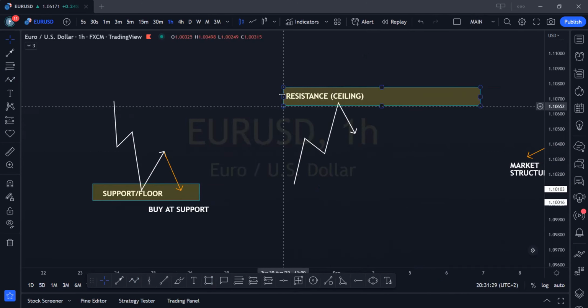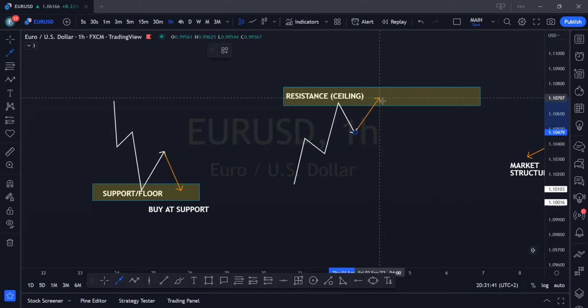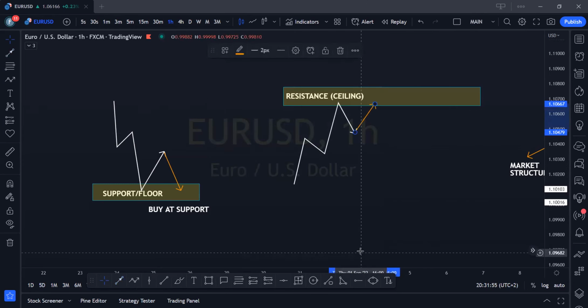So what do you do? You mark it out, and you are expecting that in the future, if price should come back up here, you want to also look for sells here. All right, so that's resistance. When price gets to a resistance zone again, you are looking for sells.